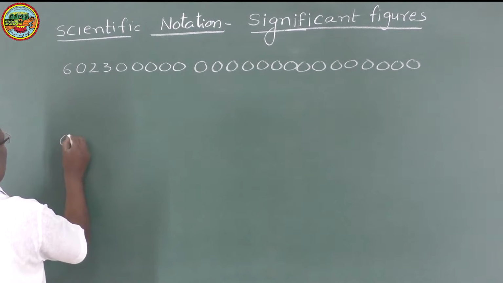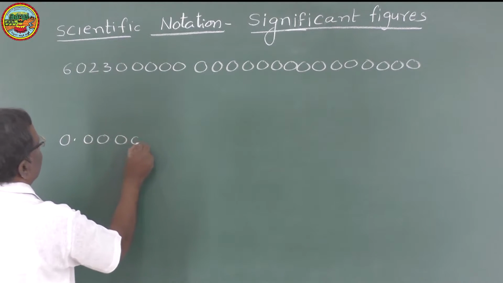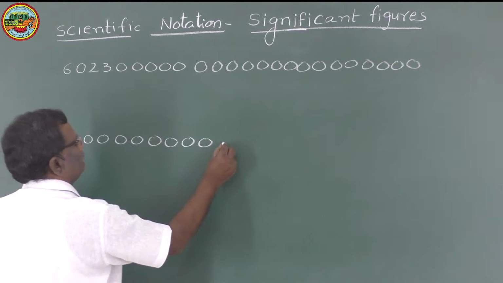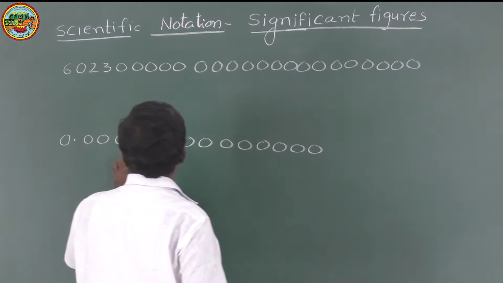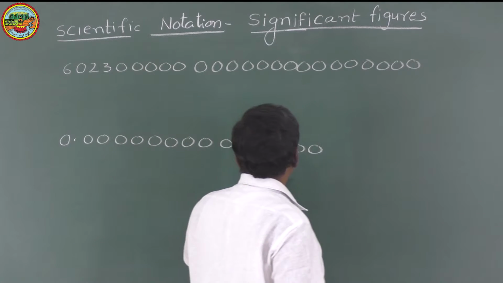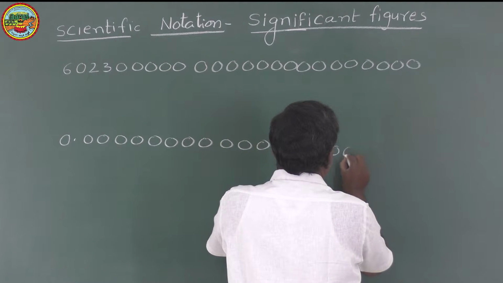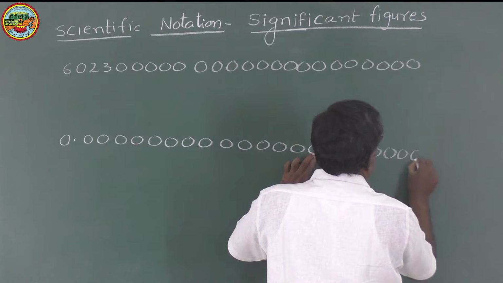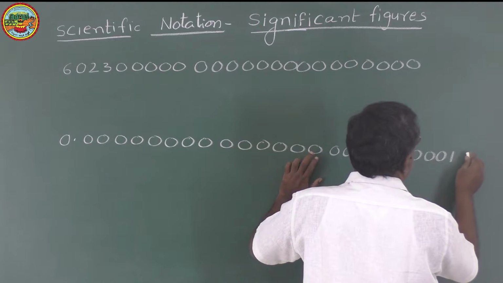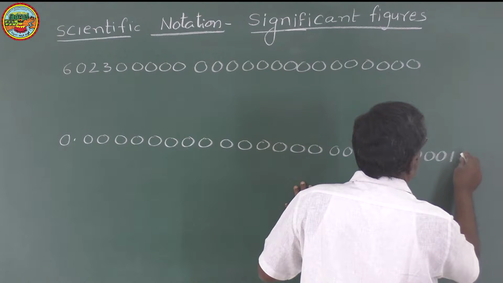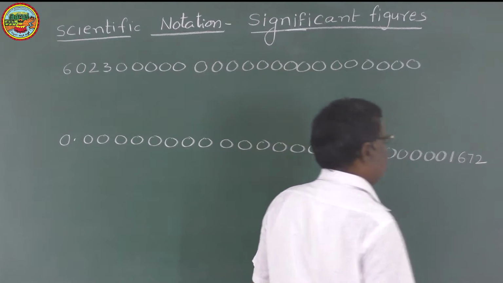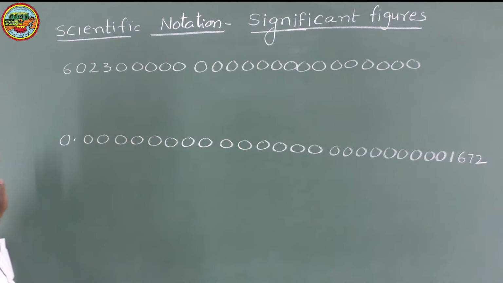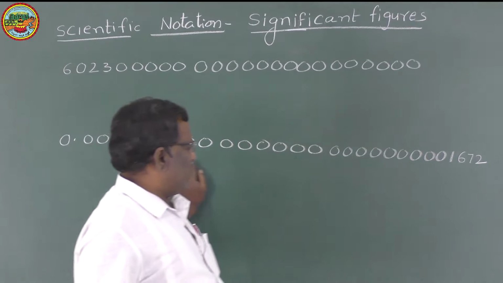After the decimal, we have nearly 23 zeros.